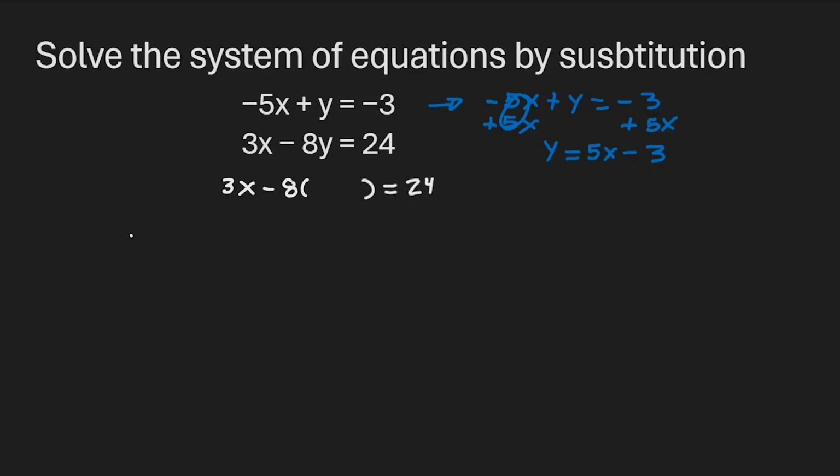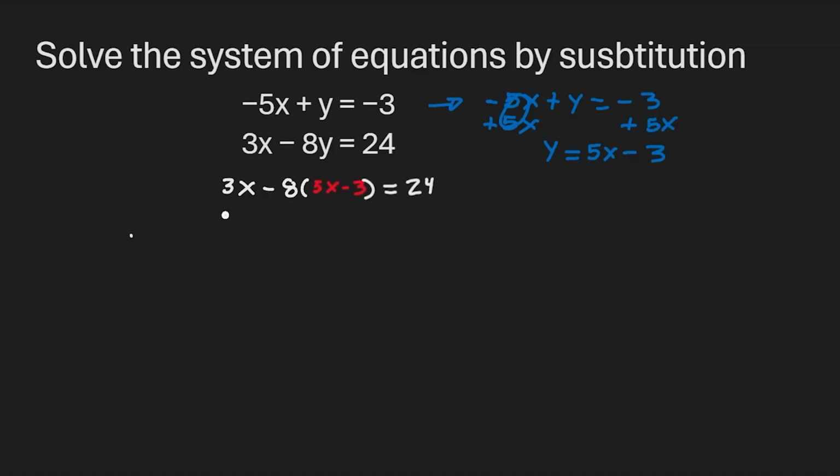So what I'm gonna do now is replace y by 5x minus 3. So let me write it, 5x minus 3. Now this is the distributive property. Okay, so that means that 8 is gonna multiply 5, and 8 is gonna multiply -3.